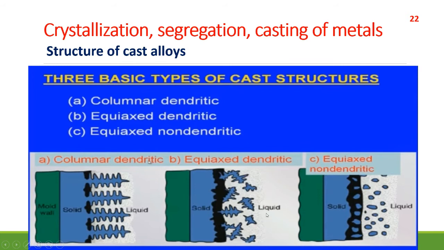These equiaxed dendrites have started forming exactly in the liquid phase at the center of the mold. And the third one is non-equiaxed, non-dendritic grains. You can see they are just next to the solid phase, or at the surface of the container.